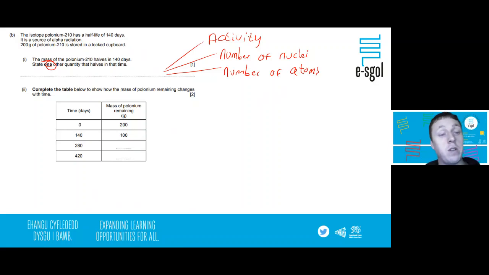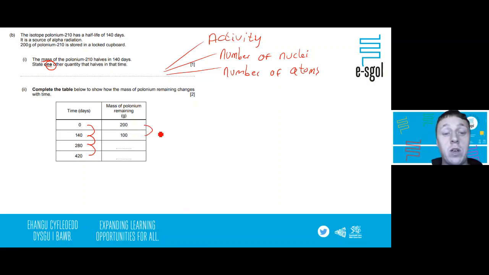Using this information and this understanding of half-life, complete the table below to show how the mass will change with time. So hopefully you see 140 is that single half-life. The next one down is again 140 added on, and same thing on the last one is 140 added on.